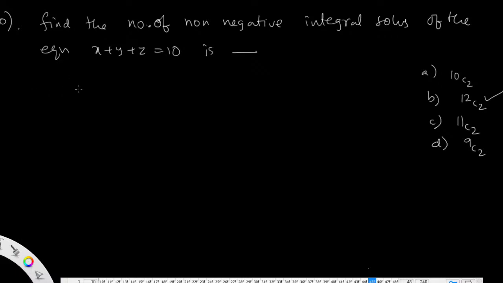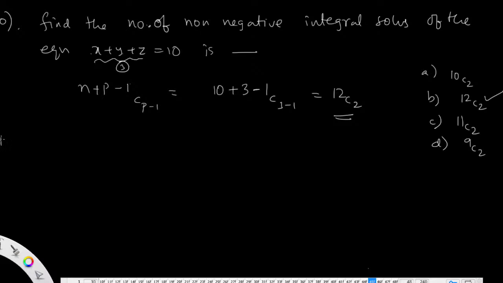So that is n plus p minus 1 C p minus 1. Here n is 10 and among the 3 variables, how many separators, 1, 2, 3. So 3 separators are there. So 3 minus 1, C3 minus 1, that goes to 12C2.